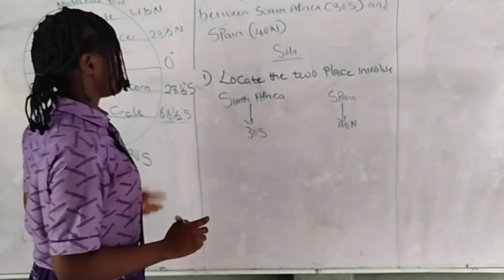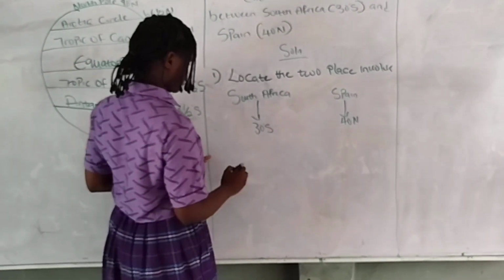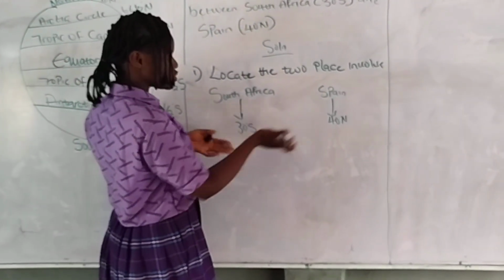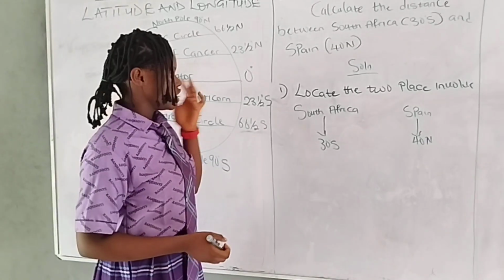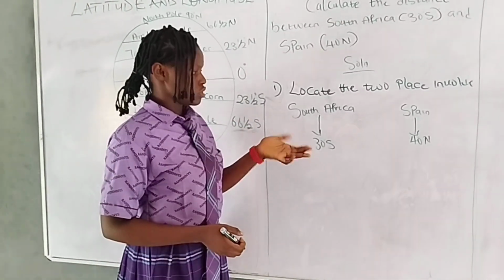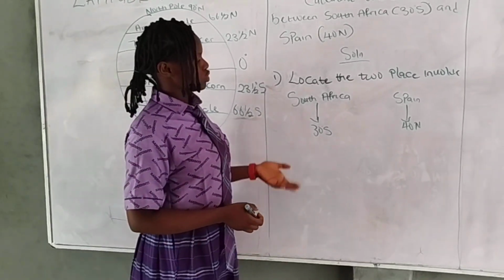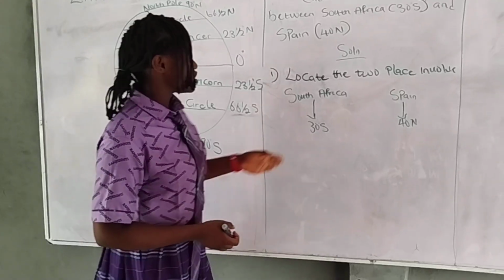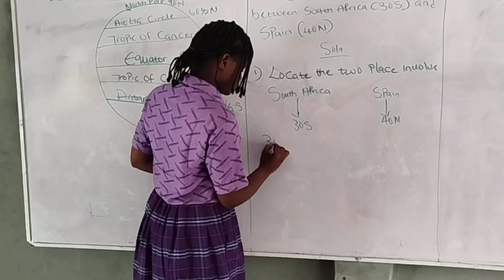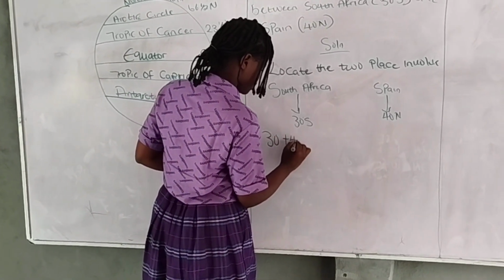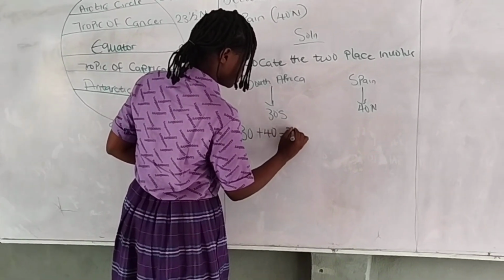Procedure 2 says we should find the latitude difference. Since it's south-north, we add, because from the procedure, if it's south-south you subtract, north-north you subtract, but now that it's south-north, we add. So we do 30 degrees plus 40 degrees, which is 70 degrees.